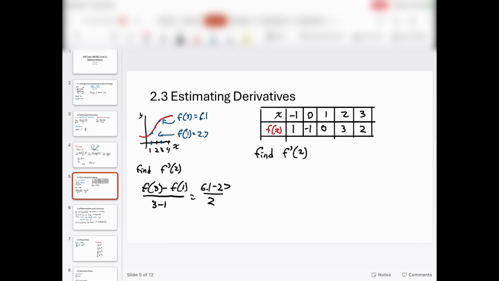And then with a table, it's the same thing. You would just do f of 3 minus f of 1 over 3 minus 1, which gives you 2 minus 0 over 2.